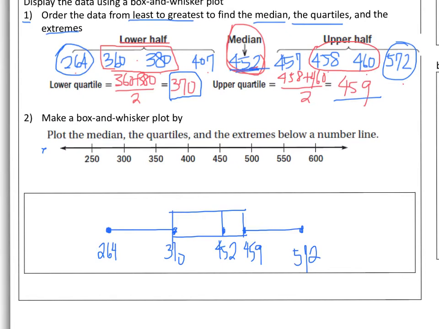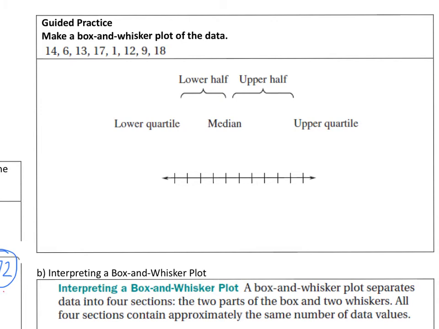Let me show you another one. Here in this data set, we have a total of 1, 2, 3, 4, 5, 6, 7, 8 numbers. So when we divide these numbers up, we're going to have to do it a little differently than the other one.